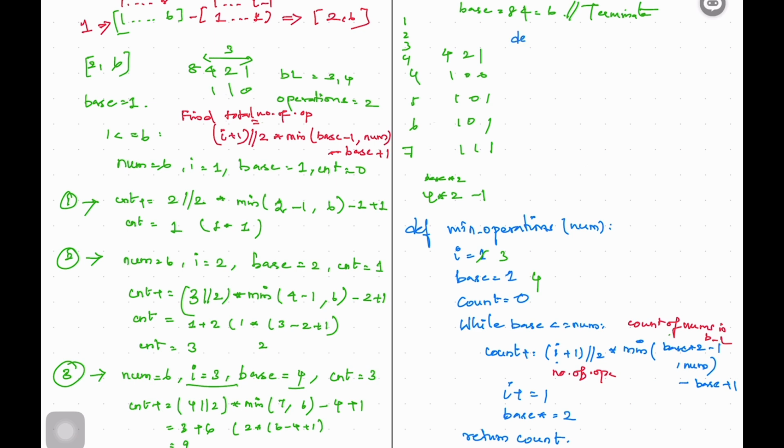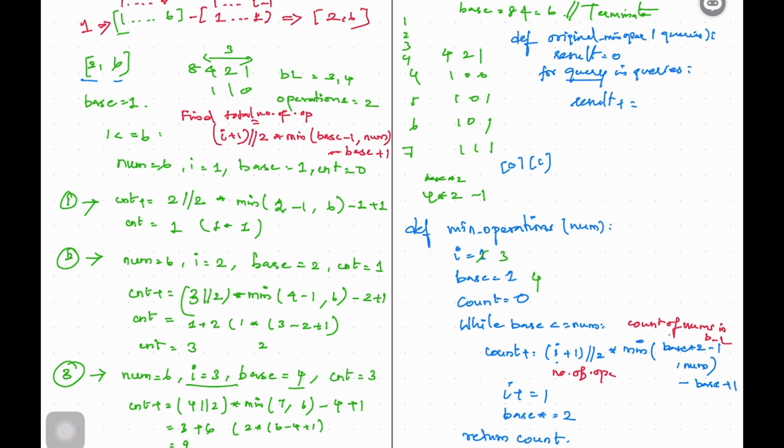So now the original function will be the main minimum operations on queries. Our result initially equals 0. Now result plus equals, you will be calling the query, which has two params, 0 and 1, which is 2 comma 6.